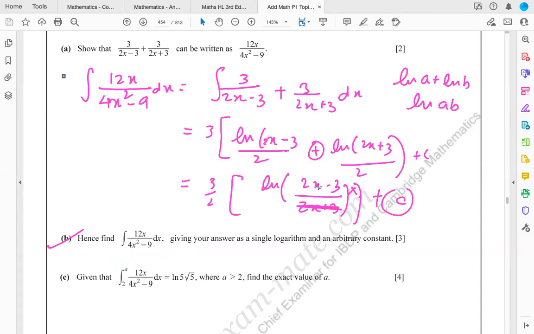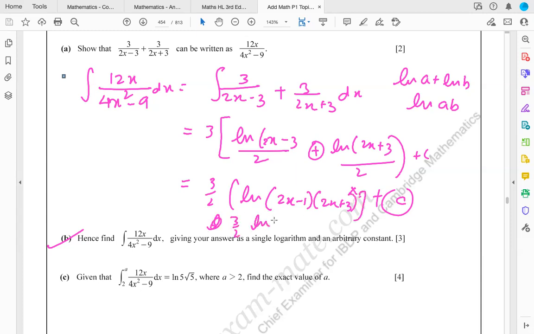So this part is going to be ln, when you write this down as a single log term. This is 3 by 2, which I've taken common. ln a plus ln b becomes ln of a times b. So 2x plus 3 into this, and you get 3 by 2 ln 4x squared minus 9.